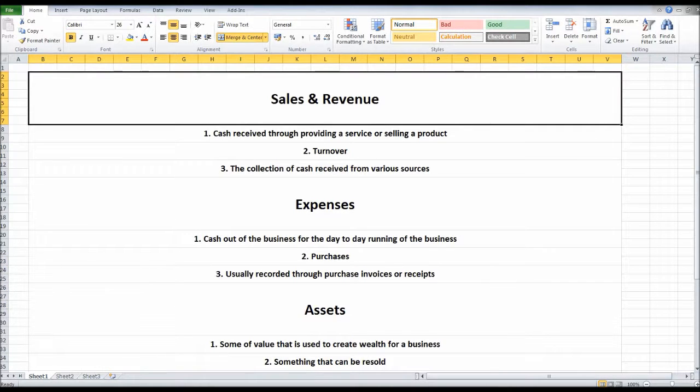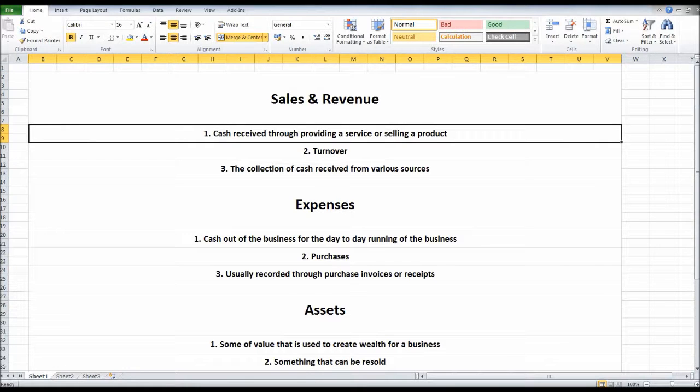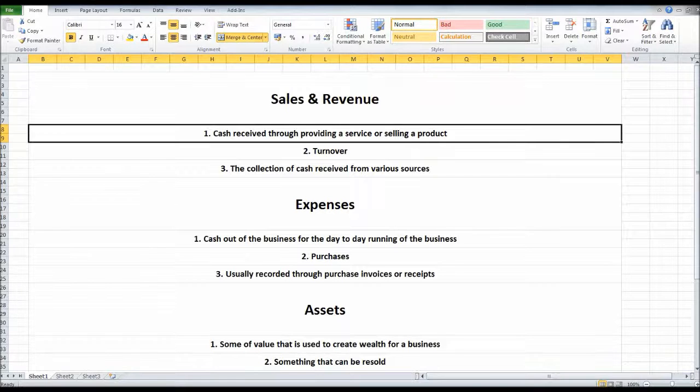Sales and revenue, there's a difference between the two. Let's look at my notes here. A sale is cash received through providing a service or selling a product. So if you have an eBay business and you're selling a product, the cash received for that product sold is the sale.